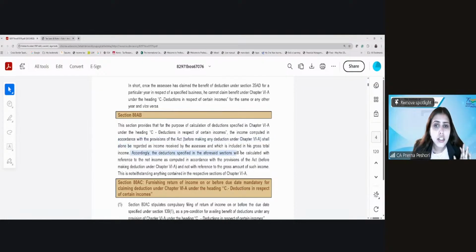Accordingly, the deduction specified in the aforesaid section will be calculated with reference to the net income as computed in accordance with the provisions of the Act and not with reference to the gross amount of income.